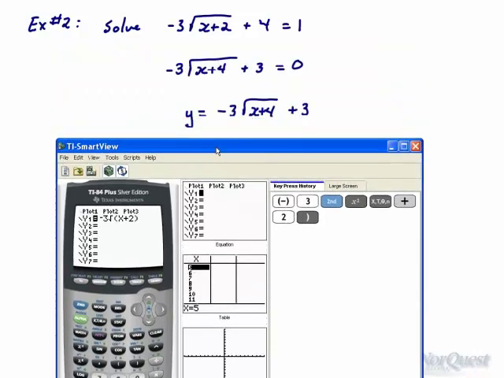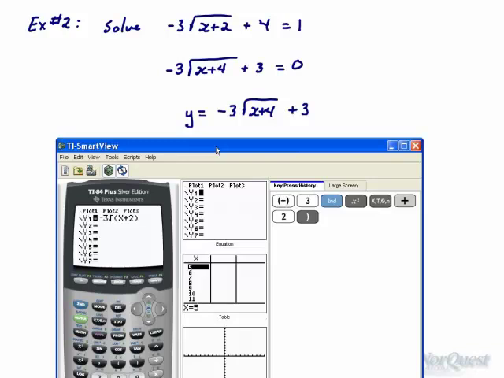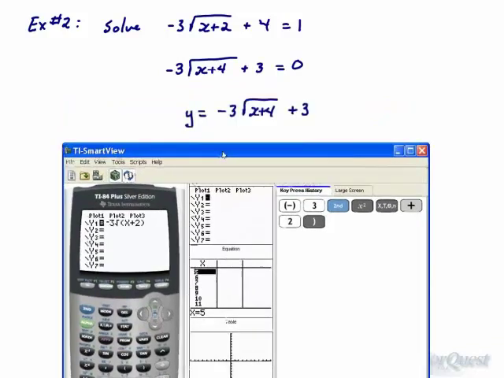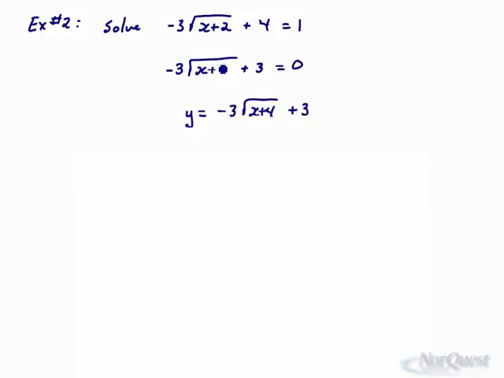Oh, actually I made a mistake here. Let me just fix this. This is actually supposed to be x plus 2. I'm not sure where I got that 4 from. I was starting to graph a different equation. I didn't change the number inside the radical sign. So it's negative 3 times the square root of x plus 2, plus 3.